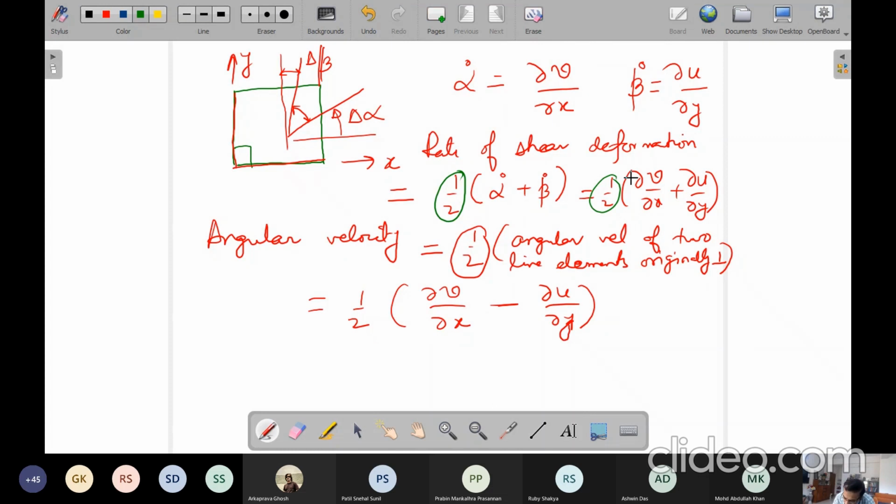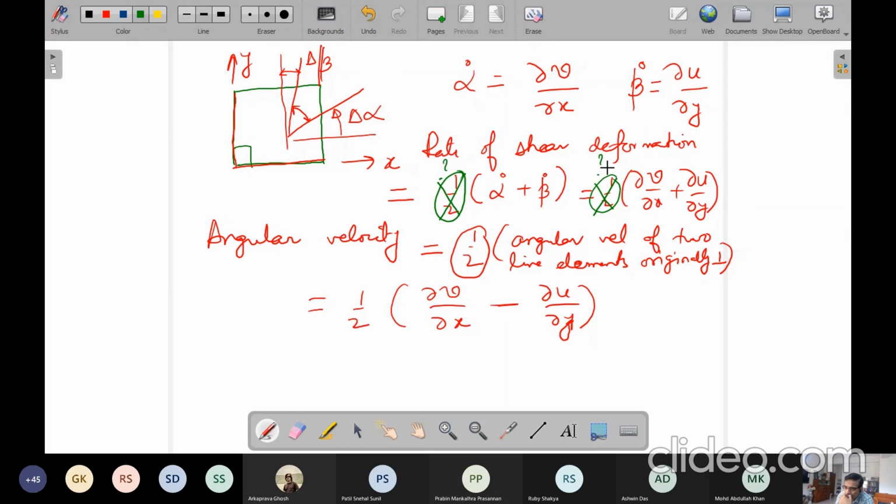So this half will not come in the definition of rate of deformation directly, but we will see that if we try to find a generalized velocity gradient, this half factor may appear mathematically, and how we put it up in the form of a physical or mathematical definition.